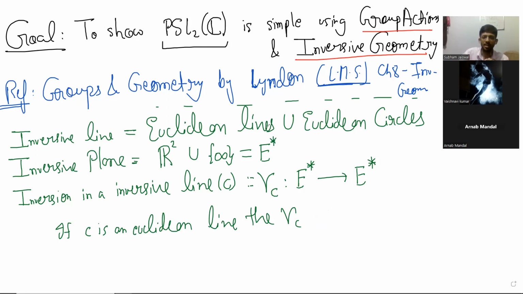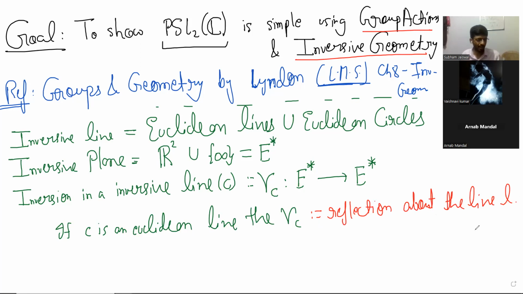Let's write it in words. Then gamma C is reflection about the line. Is this language correct? Reflection about the line, right? I was slightly wrong, but that's fine.